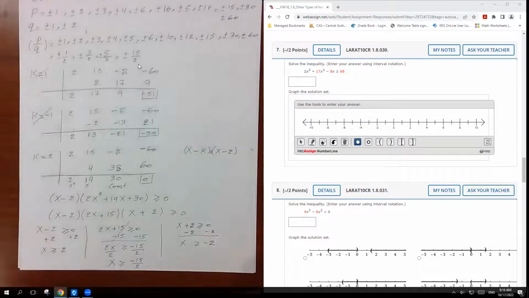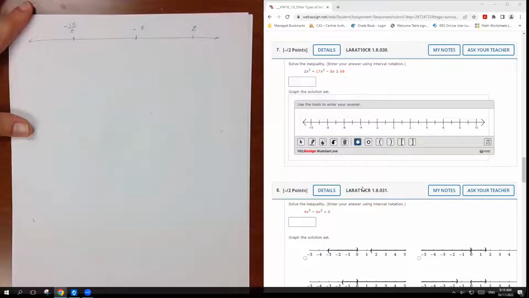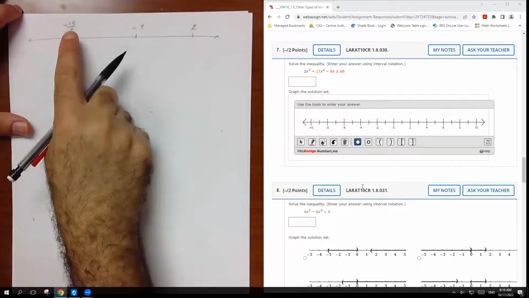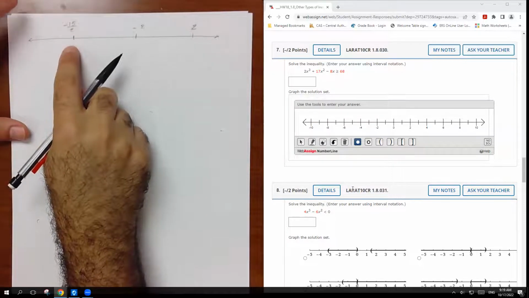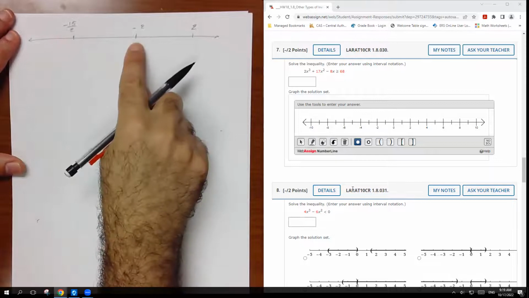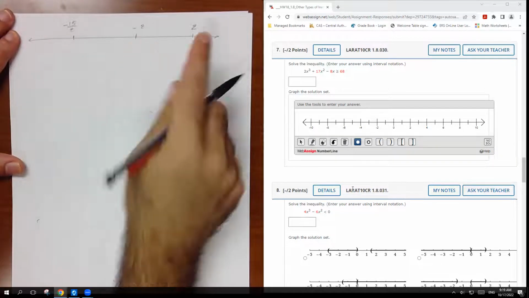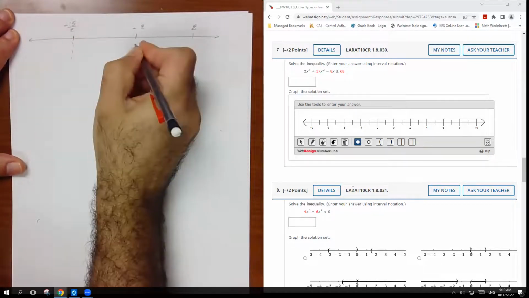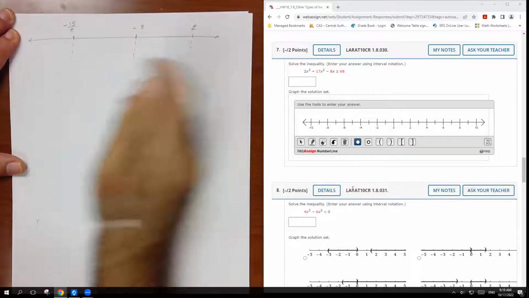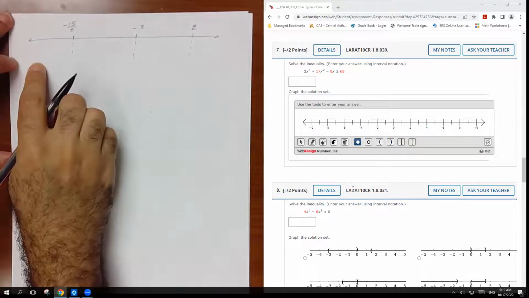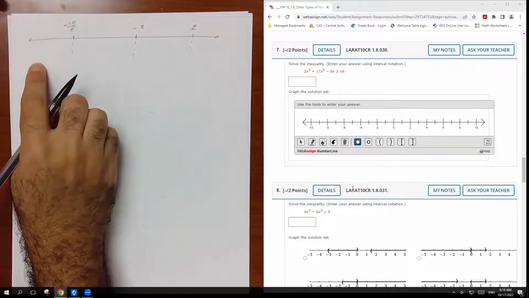This is only to find the key numbers. So negative 15 over 2, which is negative 7.5, you're going to put it here, then negative 2, then 2. Then we're going to pick numbers from each side and plug in these numbers in our polynomial.